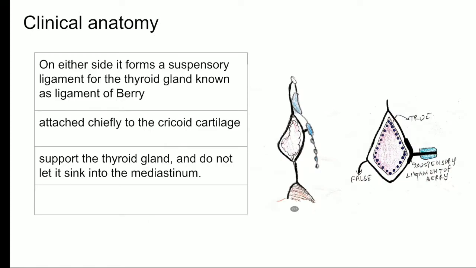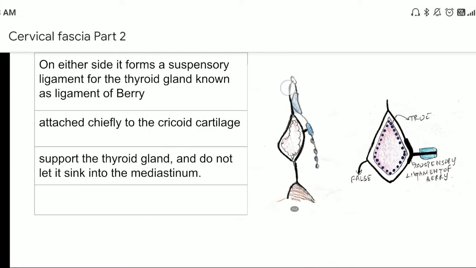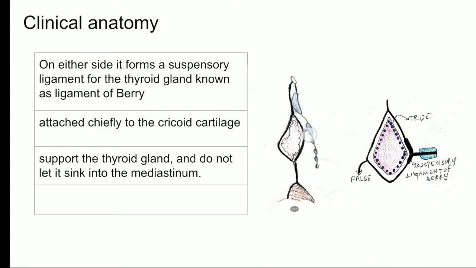Now, as it comes downwards and forms a false capsule around the thyroid gland, we see that on the posterior aspect, related to the cricoid cartilage, on either side it forms a thickening which is called the suspensory ligament for the thyroid gland, or the suspensory ligament of Berry.